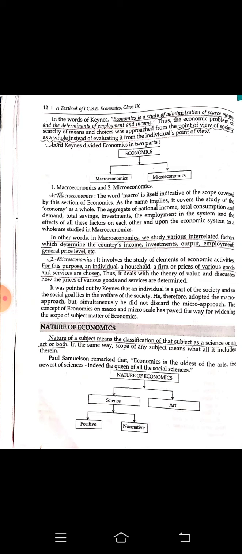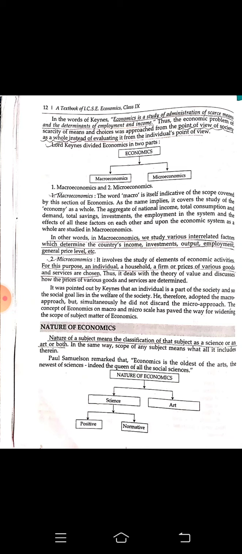Here in micro, they are discussing individual income, individual services and individual profit. And macro is discussing the entire nation's income, nation's input, nation's output, and the price value in the market. They are talking about this greater aspect.